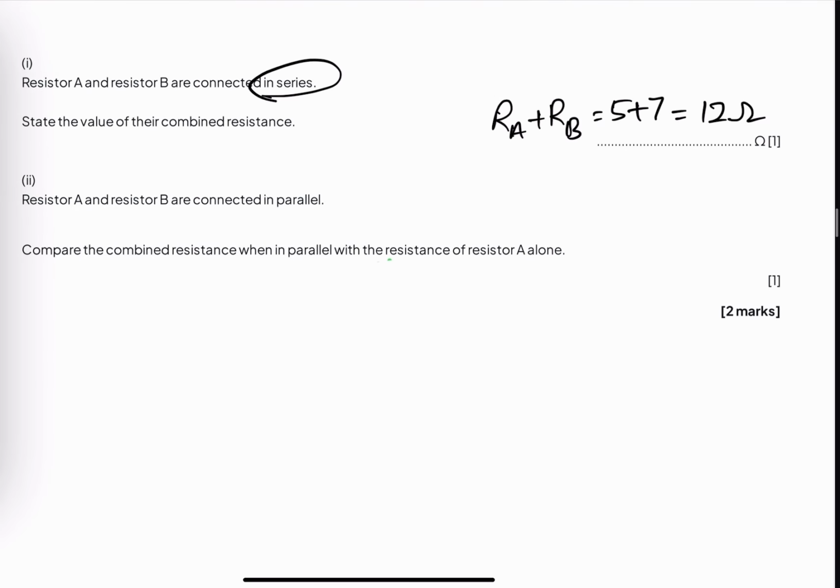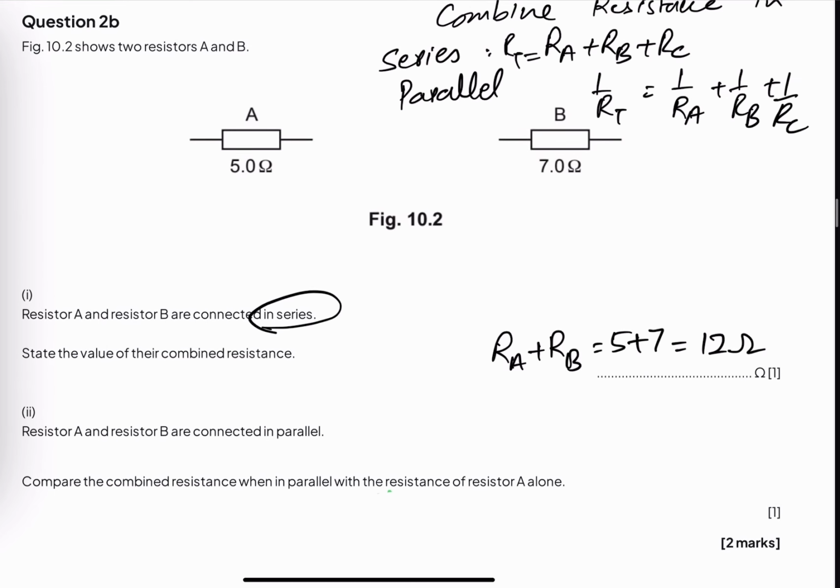Okay, so that is the answer. In the second part, resistor A and resistor B are connected in parallel. Compare the combined resistance when in parallel with the resistance of resistor A alone. If you calculate the combined resistance of this 5 and 7 as a whole, the answer will always be less than the resistance of the individual component.